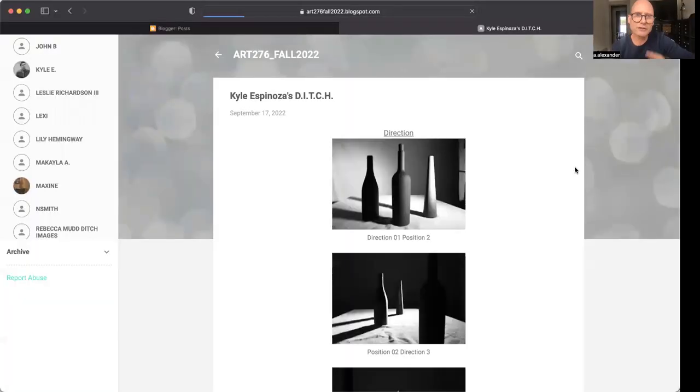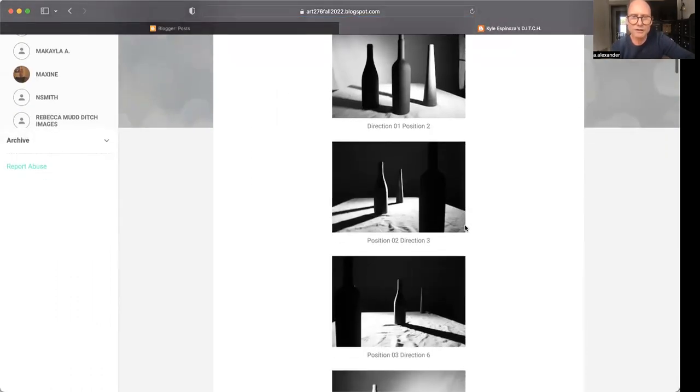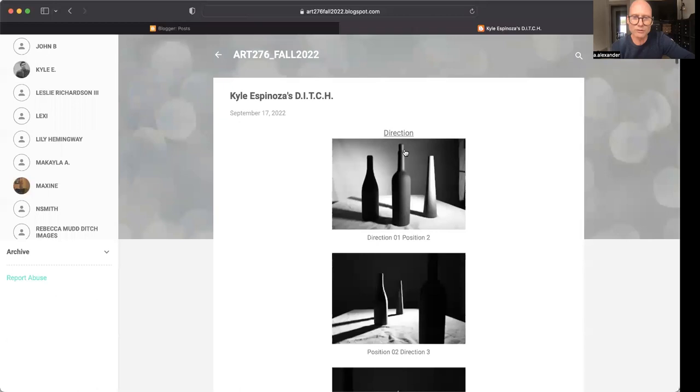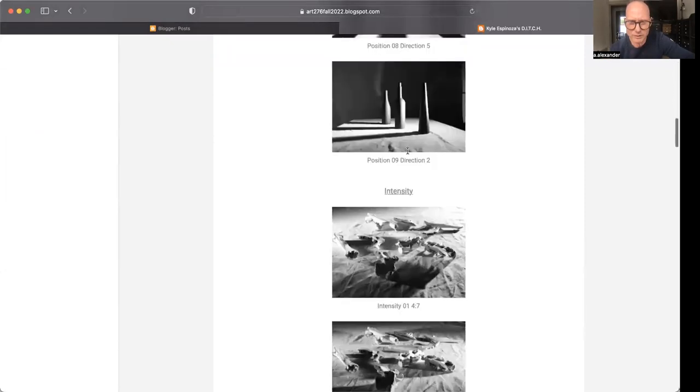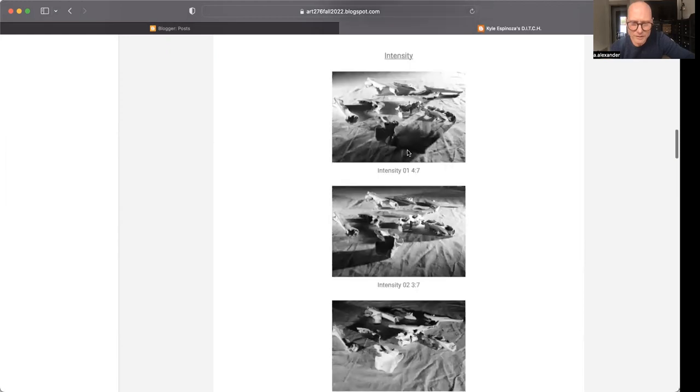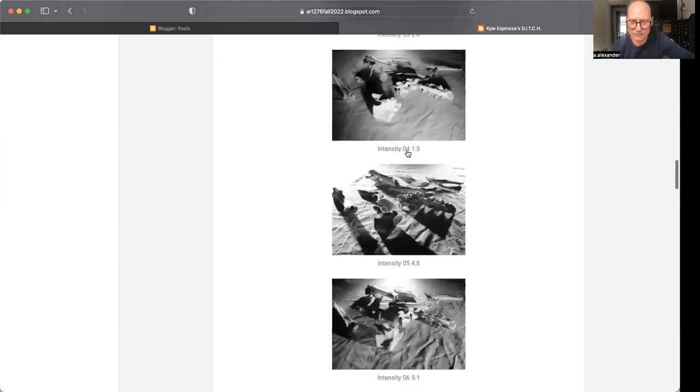So first thing that I tend to do is to just go over your posting, see how you did with the instructions, basically getting everything labeled correctly, all of the images up there the way they should be, the way we've asked to have them posted.